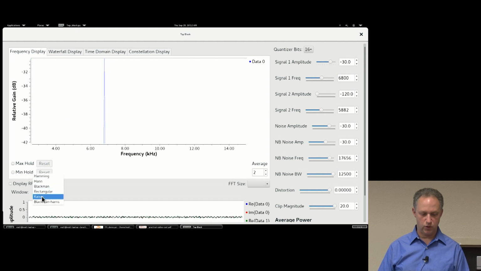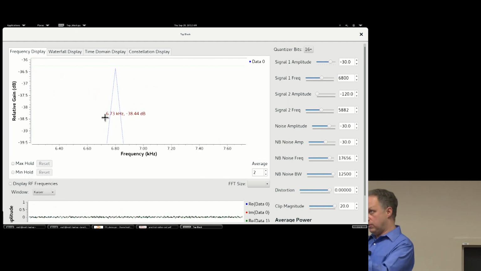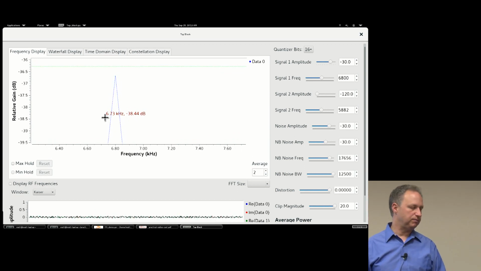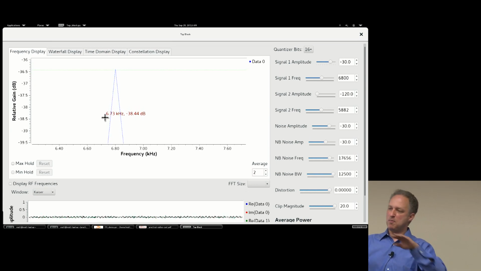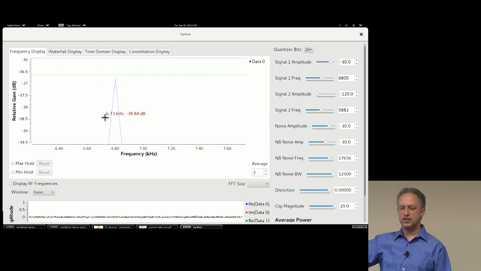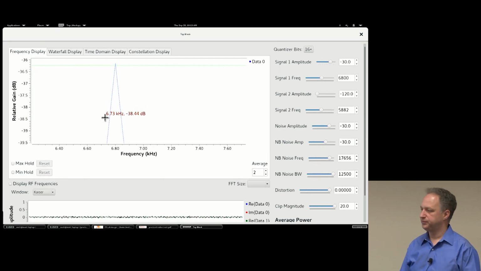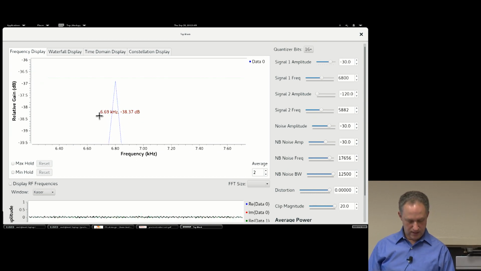The other windows will spread the amplitude, even if it's centered, and that's because you're multiplying by a function like this in the time domain, and that's equivalent to a convolution in the frequency domain. Okay, so we covered scalloping loss, integer frequency.